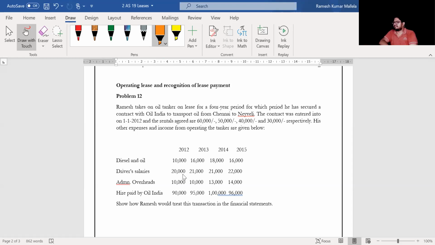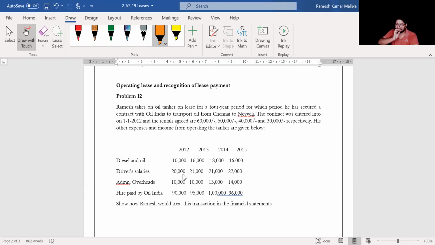The contract was entered into on 1/1/2012, and the rentals agreed are 60,000, 50,000, 40,000, and 30,000 respectively. His other expenses and incomes from operating the tanker are given below: diesel and oil, driver's salary, admin overheads, hire paid by Oil India. Show how Ramesh should treat this transaction in the financial statements.